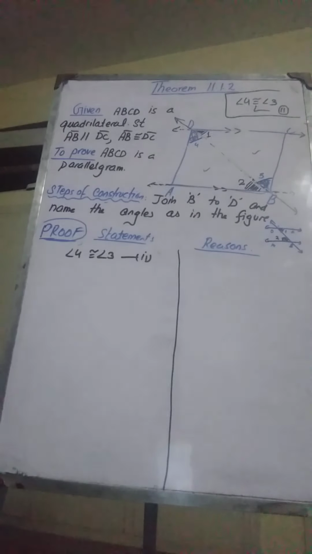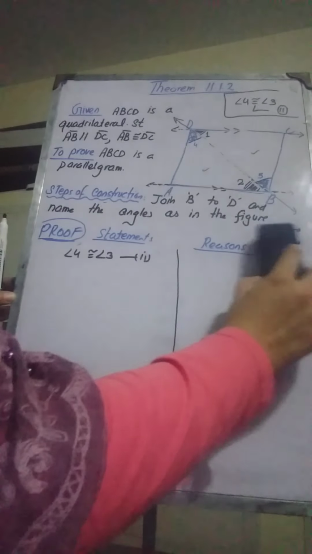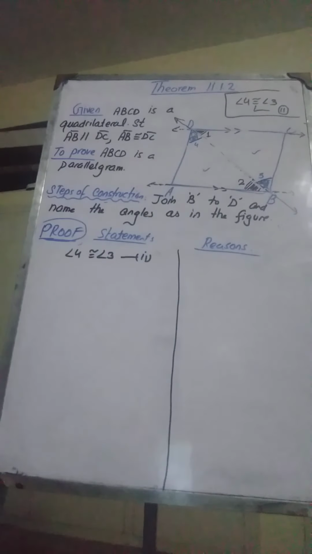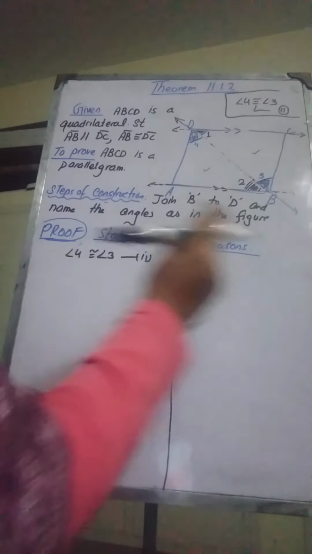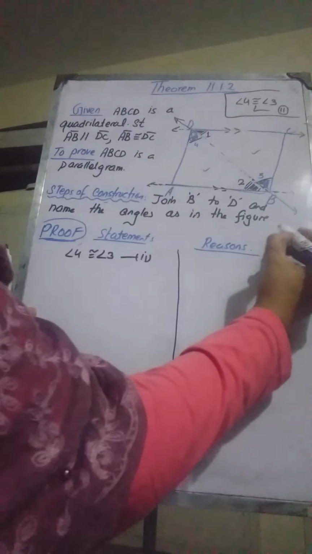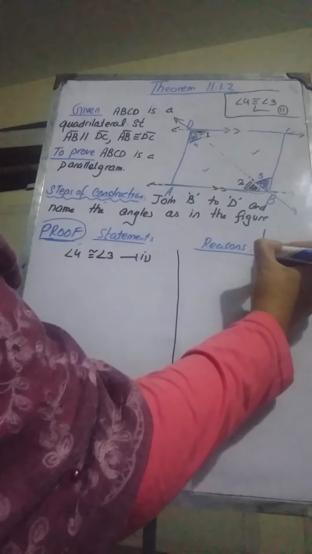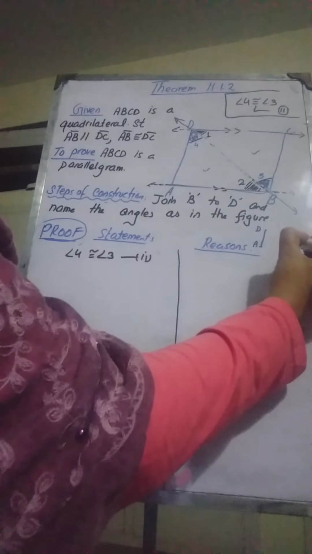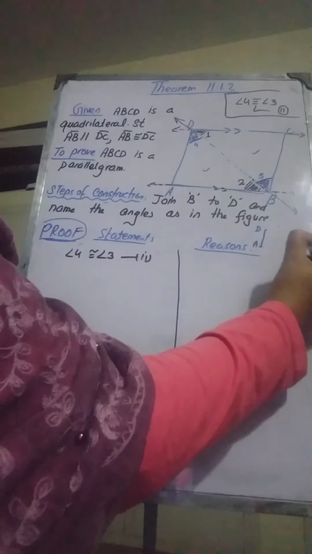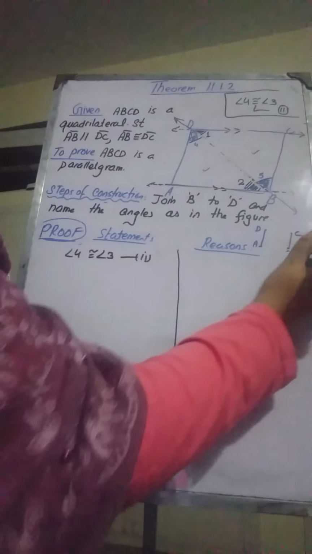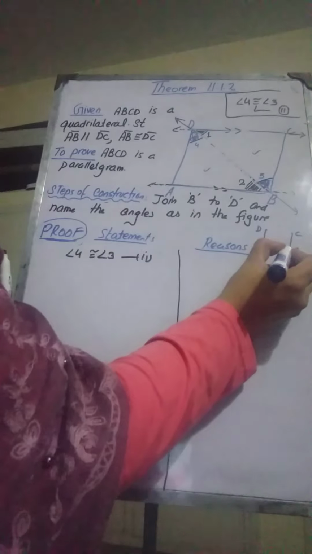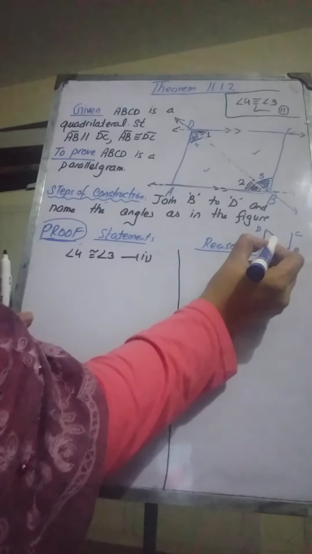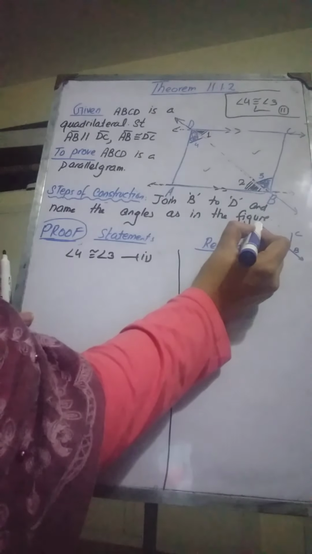Okay, these are the two lines, and you can see that BD is a transversal which is cutting these lines.